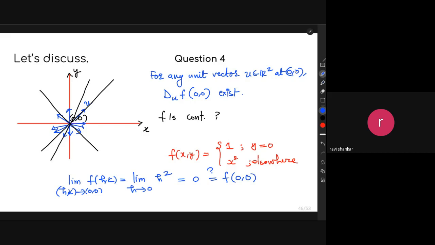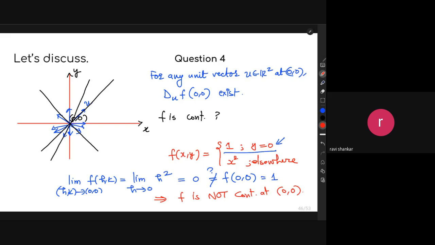No, f of 0 0 is actually 1 because of the first condition. So this is not equal, which implies that f is not continuous at 0 0.